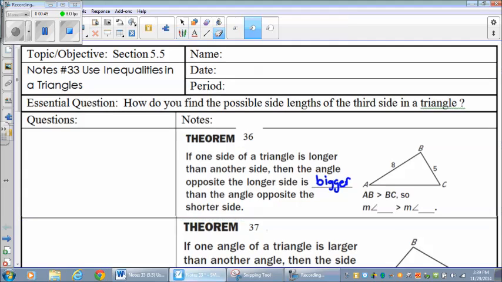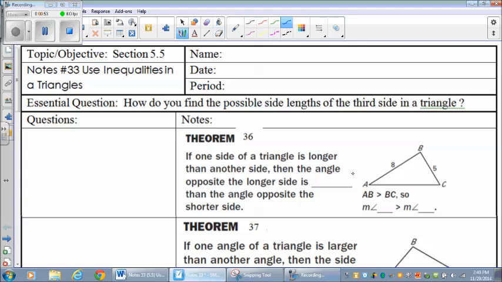Let me change that to a more appropriate word. Oh, there's the than, so I don't even need the than. Okay, so it'll be greater than the angle opposite the shorter side.